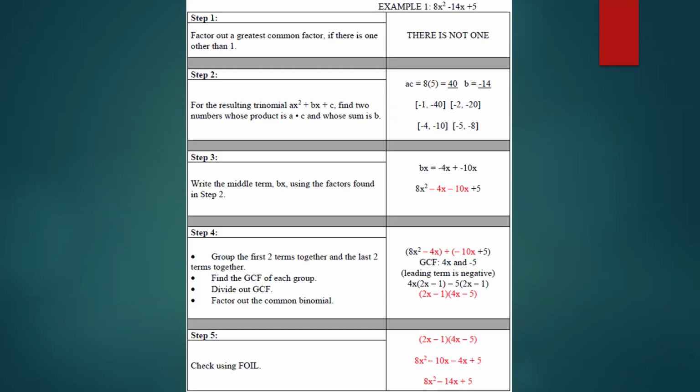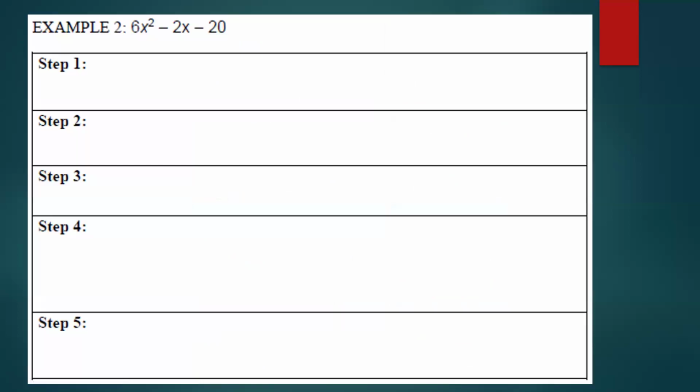Okay. So we're going to go through what I like to call the OG method of factoring. Okay. So in your top half of your box, you're going to write 6x squared minus 2x minus 20. In step 1, this is where we identify the GCF.